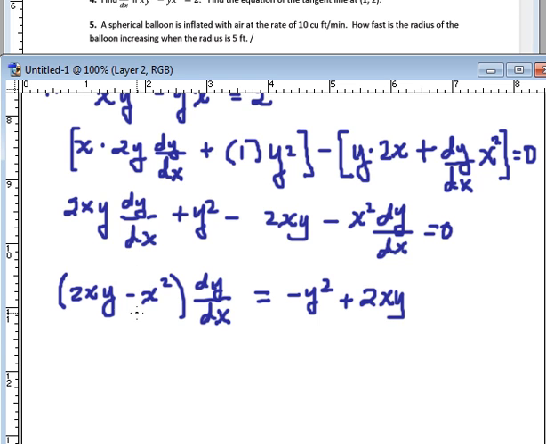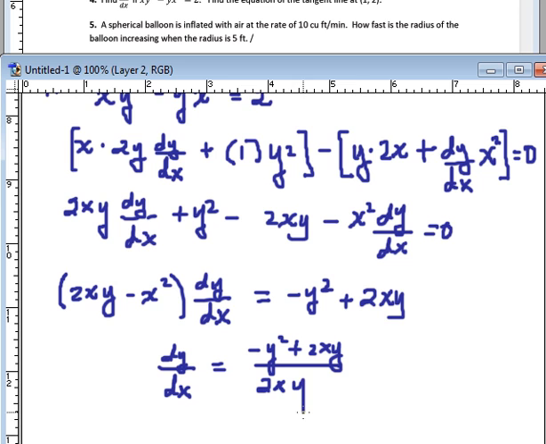Now divide by whatever is multiplying the dy dx. Alright, so we have dy dx is equal to the right hand side divided by what's multiplying dy dx on the left. Okay, so there we found dy dx in terms of x and y.